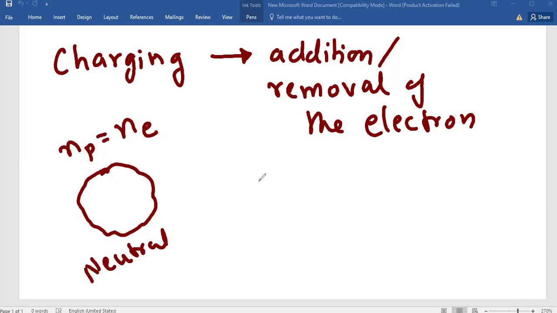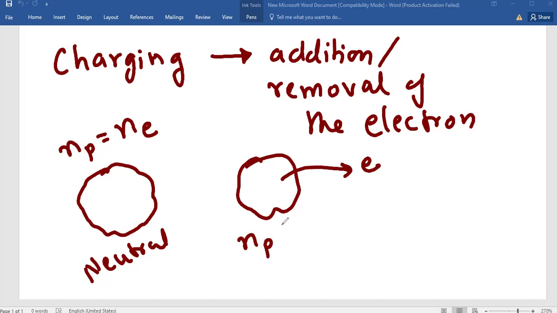But now let's say from this object we have taken out some electrons. Then this object will have more protons than electrons. So we will say that this has become a positively charged body. If you take out some electrons from the object, then we say that we have positively charged the body.